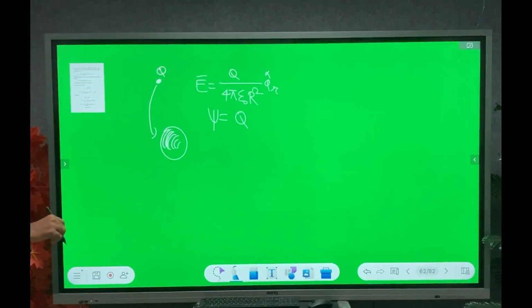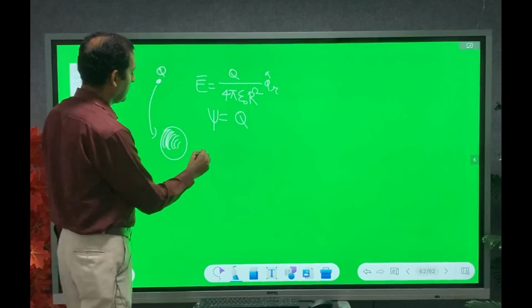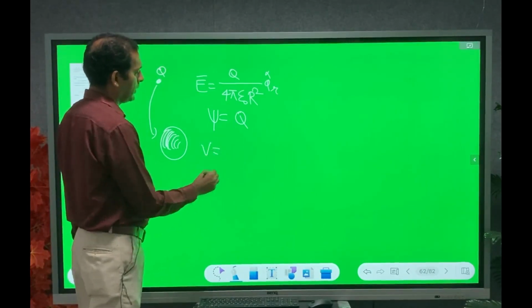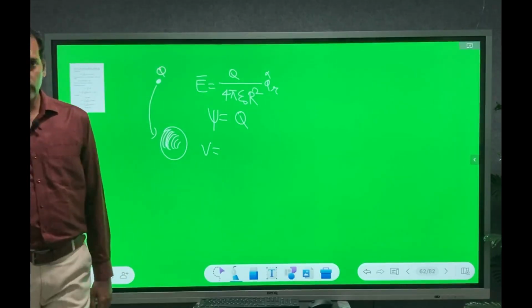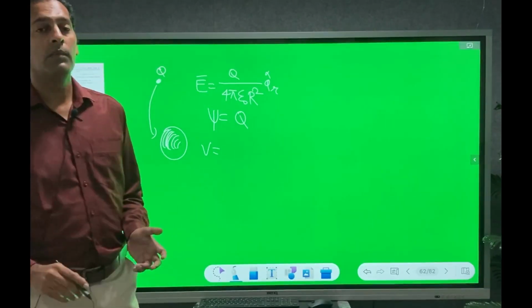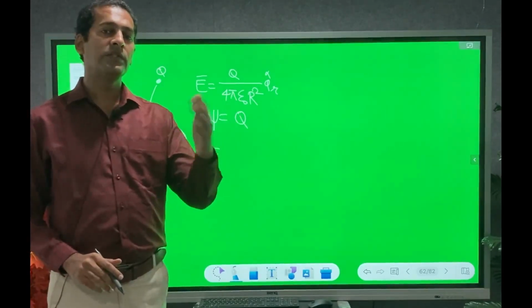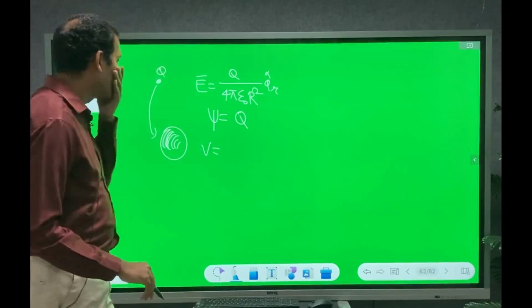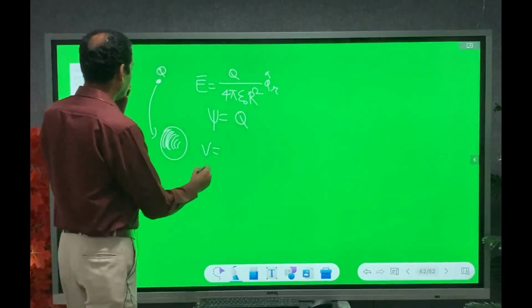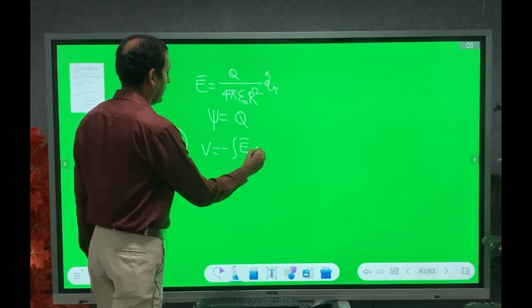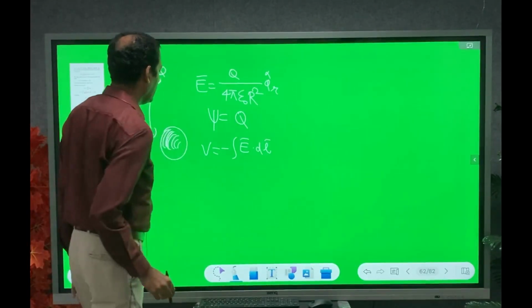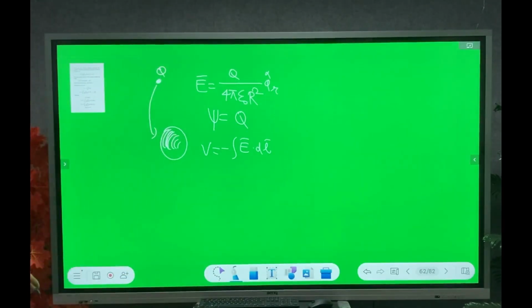We have also derived the relation of voltage. We have fixed steps: we have electric field intensity, we derive voltage, and when we derive voltage, we derive capacitance by using the formula charge per voltage. So V is equal to the integral of E bar dot dl bar.